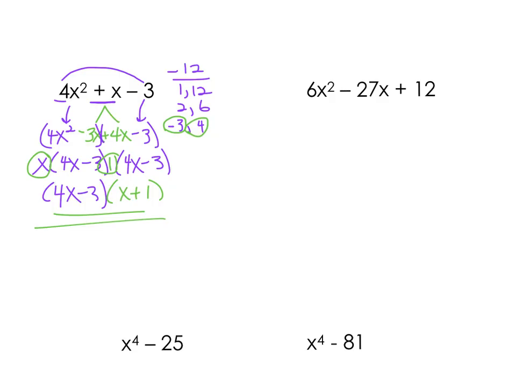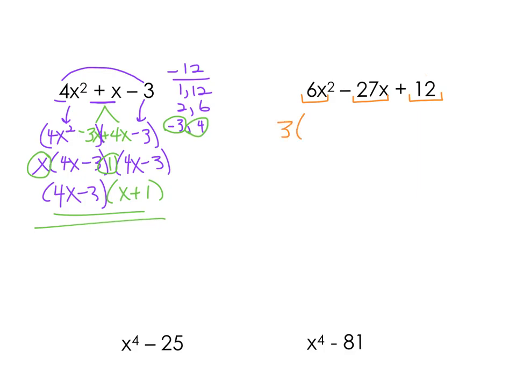Take a look at this last one on the top. 6x squared minus 27x plus 12. If your first thought was to multiply 6 times 12, we could definitely do that. But I recognize that there's a common factor that all 3 of those terms share. I've got 6x squared, 27x, and 12. I notice that they're all divisible by 3.